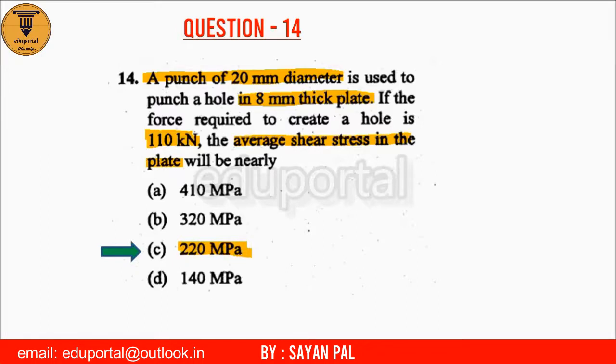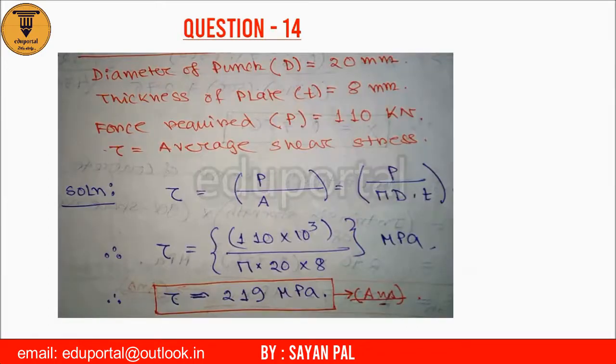So let's move on to its solution. Here it says that the diameter of the hole is 20, thickness of the plate is 8, force required is 110 kilonewton, then tau is equal to the average shear stress. So tau is P by A, that is force by area, and here area is pi d into T. Pi d is the perimeter of the hole and T is the thickness of the plate.